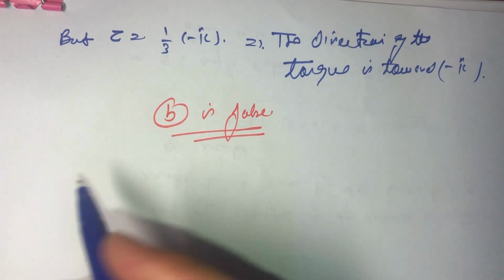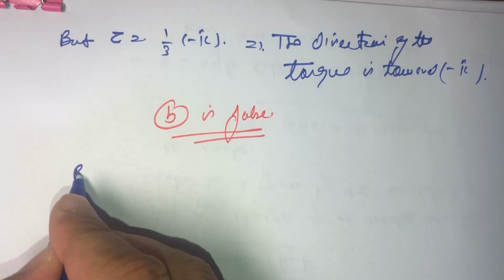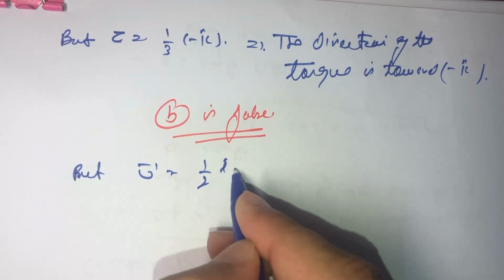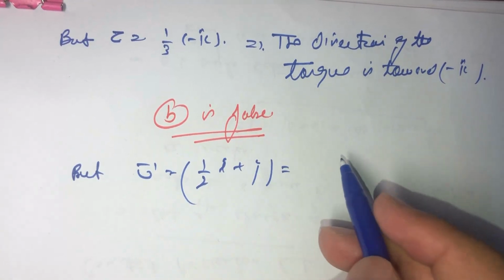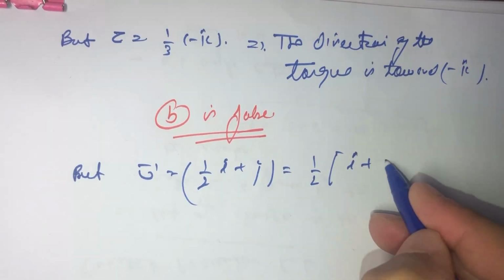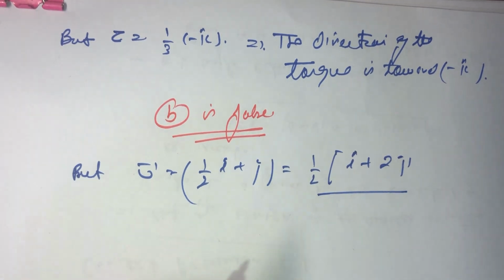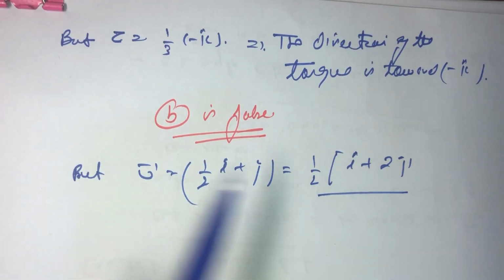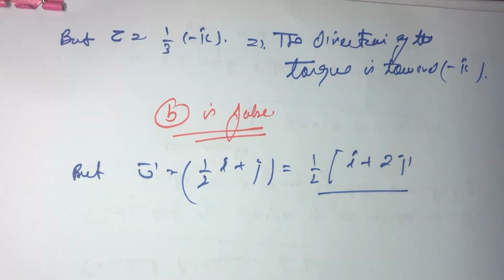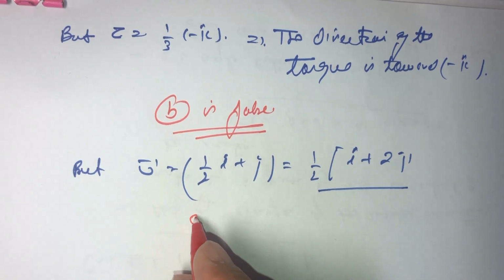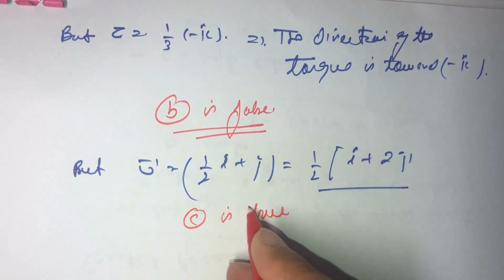The velocity we found out is 1 by 2 i plus j, and taking 1 by 2 as common, this becomes i plus 2j. According to this equation, because v is 1 by 2 i plus 2j, if you modify it, we get this equation. Therefore we can say option C is also true.